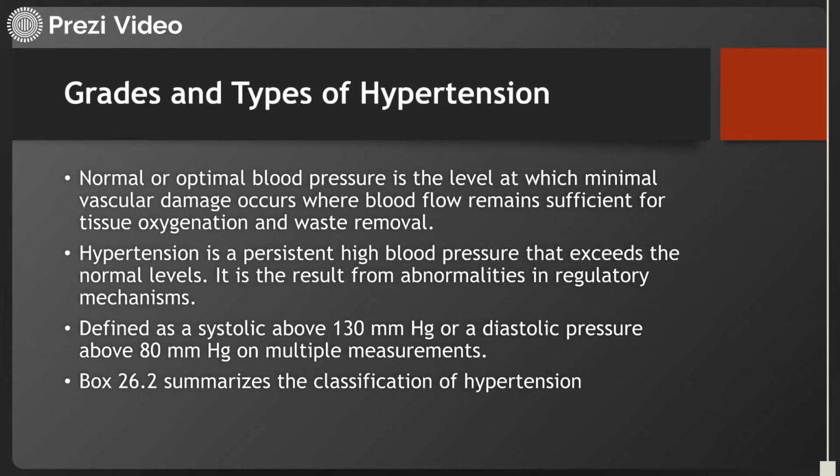So it doesn't mean that because you got 130 over 86 the first time, you are going to get the same again. Box 26.2 classifies the types of hypertension. There are pre-hypertension, type 1, and type 2. Just take a quick read of that.